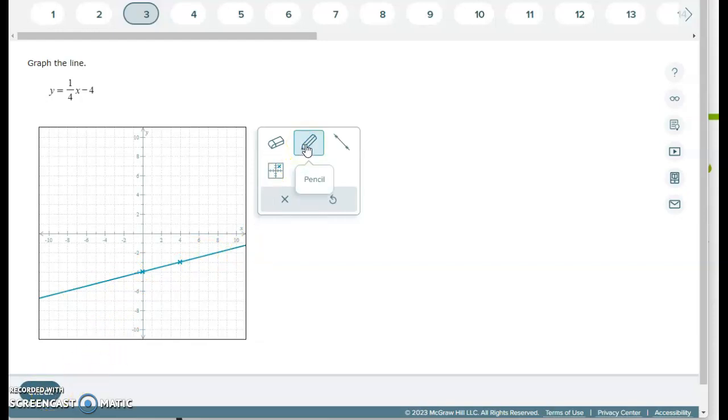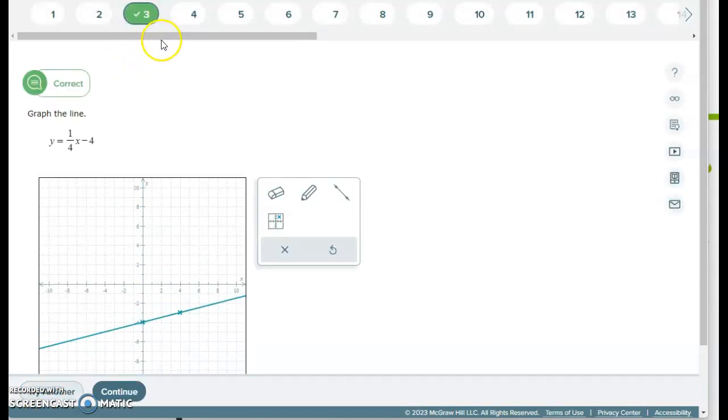I wouldn't really use the pencil. With the plot a point tool, you have to give it the ordered pair and plot it, and then you'd still have to draw the line through it. This is probably the easiest way to draw the line in ALEKS. When you hit check, it gives you the green light that you've done it correctly.